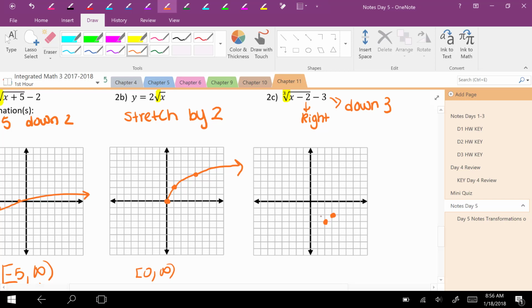What's the cube root of 2? Can you do that? It's up 8. 1, 2, 3, 4, 5. Over 1, 2. Did I mess it up? I messed it up. Oh my God, I am thinking it is way too early for me. I am so sorry. Up 2 over 8. You were right the first time. That's my bad.